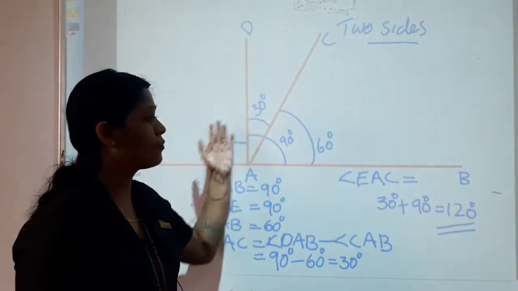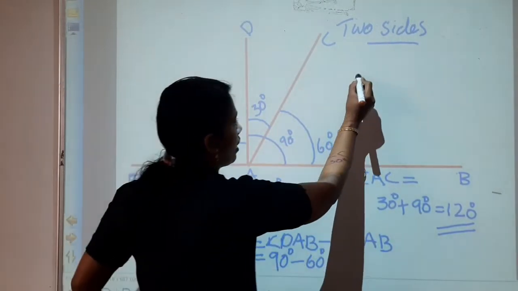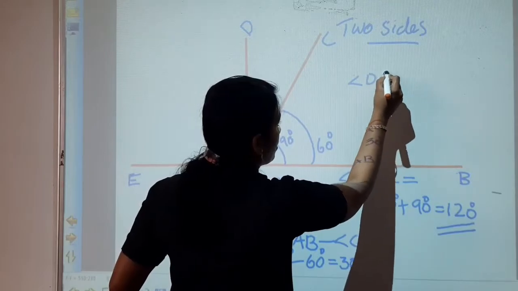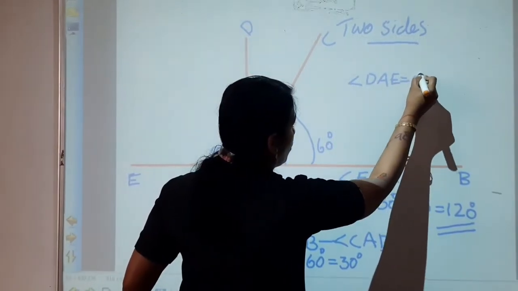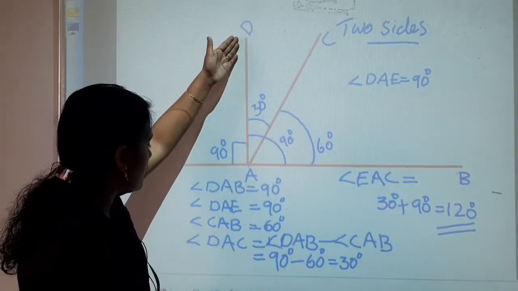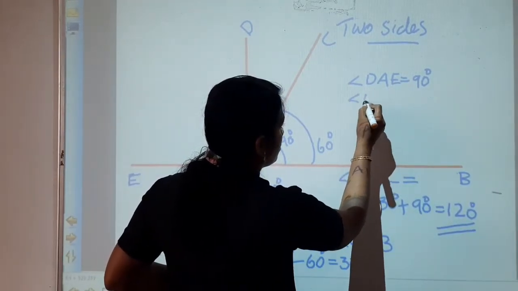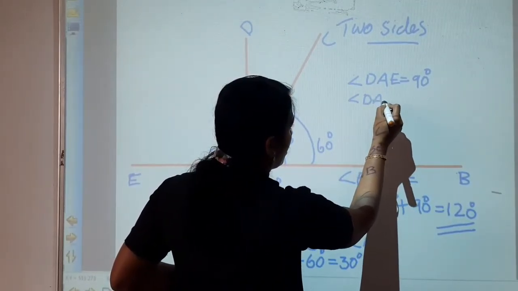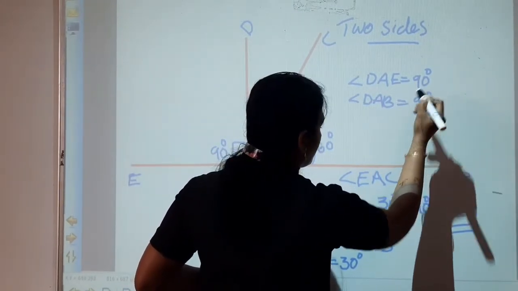Here sum of these angles, DAE is equal to 90 degree. Angle DAB is equal to 90 degree.